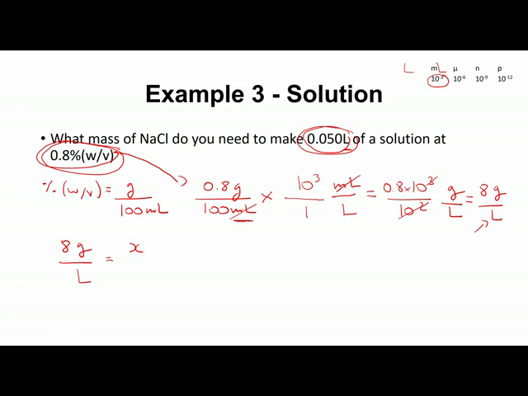how many grams would you need to prepare 0.050 liters? I'm writing the reasoning here. I hope you can see that. So what it means is that the grams that you need to make 0.05 liters are equal to 8 grams per liter multiplied by 0.050 liters.